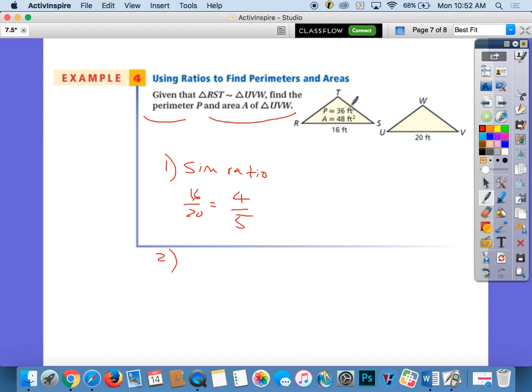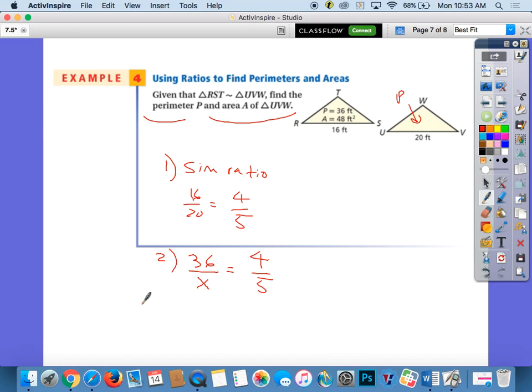Now it wants me to find the perimeter. It gives me the perimeter of this triangle. So the perimeter of 36 over x, I want to find the perimeter and area of this one, okay? That means that 36 over this has to equal 4 over 5. It has to equal that similarity ratio. So that's your key step right there.